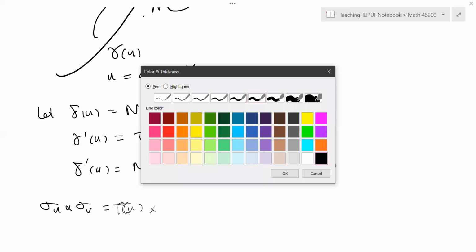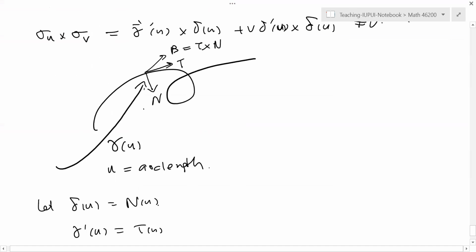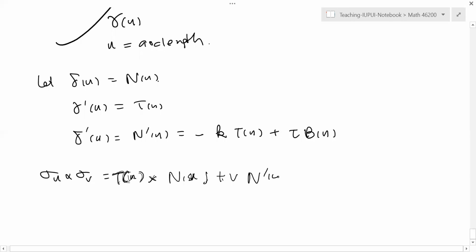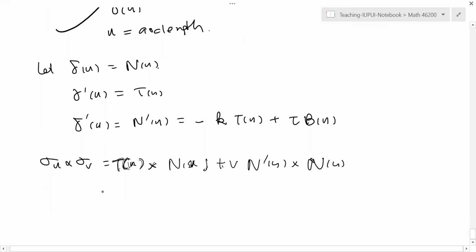Sigma u is t u, plus v delta prime u, that is n prime u, plus n u. Now it's easy. T times n is going to be b. And n prime is negative k t u plus tau b u plus n u.